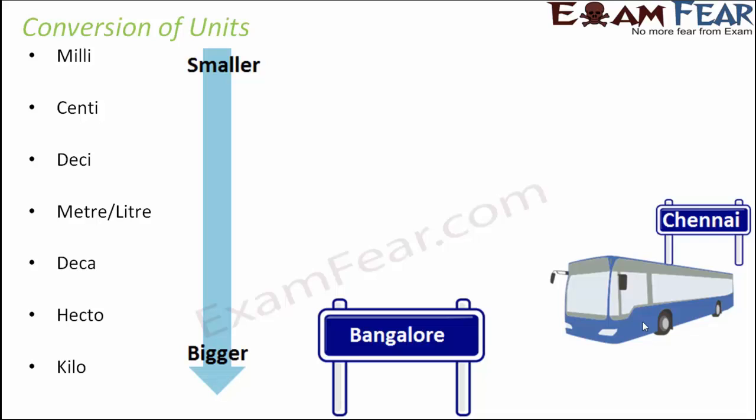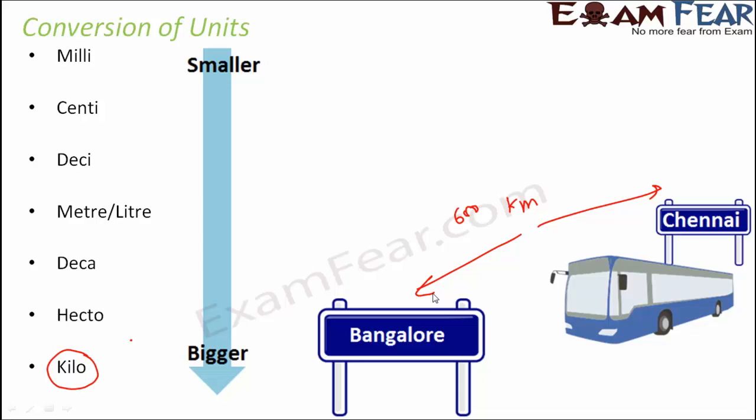Now, since you are measuring a longer distance, you need a larger unit. Now here we have so many units, and we make use of the bigger unit, that is kilometer, and we say that the distance is approximately 600 kilometers. So that's just an approximate number. So that's how we define the distance between two cities like Bangalore and Chennai.